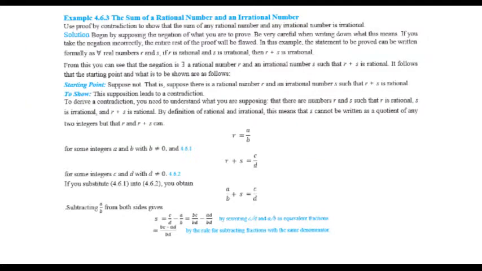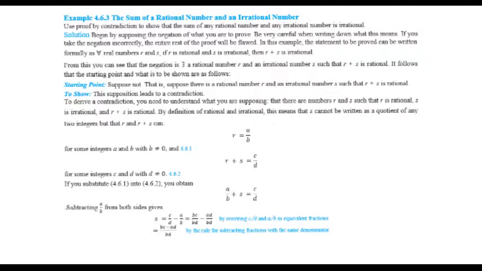Okay, so another example, 4.6.3. Let's prove that the sum of a rational number and an irrational number is irrational. To prove this, we need to suppose that its negation is true. It means that we suppose that the sum of a rational number and an irrational number is rational.